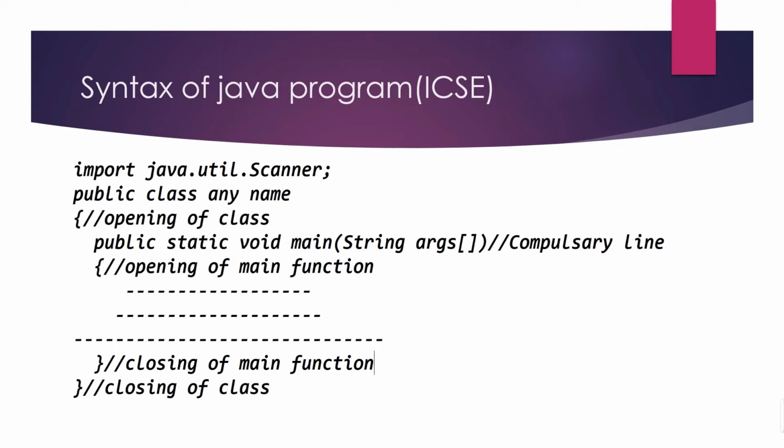Then public static void main(String[] args), this is a compulsory line. This is very important because we have imported the package and given the class name, then we have to use the function of that package, so we give this line. And for the opening of the function, we should use the curly bracket again. Then we should write the syntax, what we want to input, what we want to do.